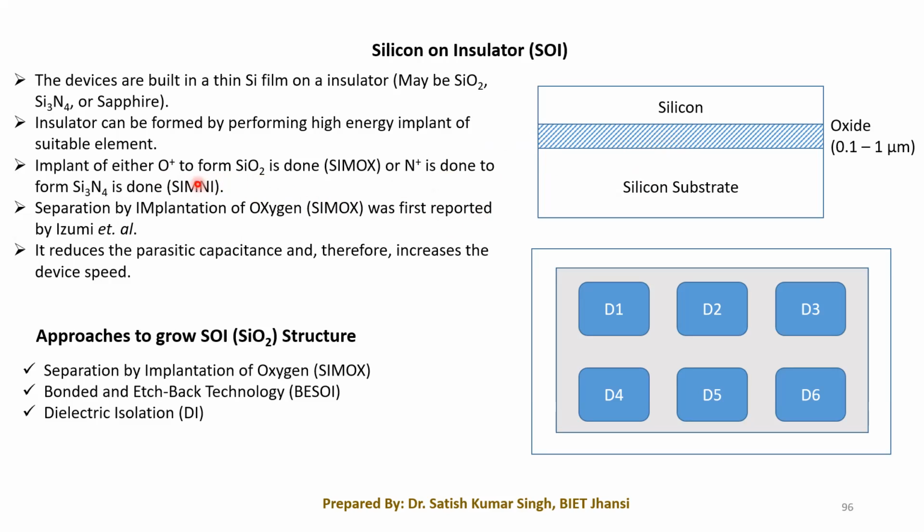Either oxygen atoms or ions can be sent, or nitrogen atoms can be sent. Based on which elements we choose for forming the insulator, it is called either SIMOX or SIMNI. SIMOX stands for separation by implantation of oxygen, and it was first reported by Izumi.